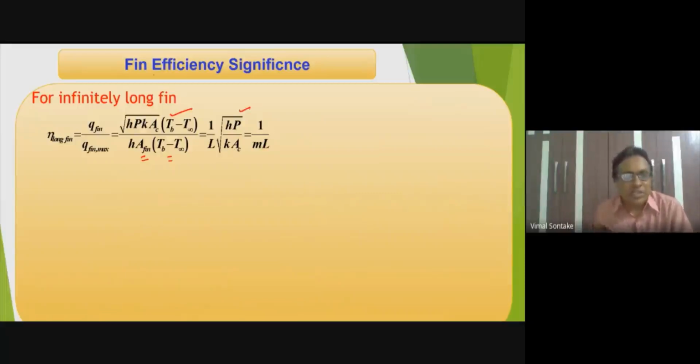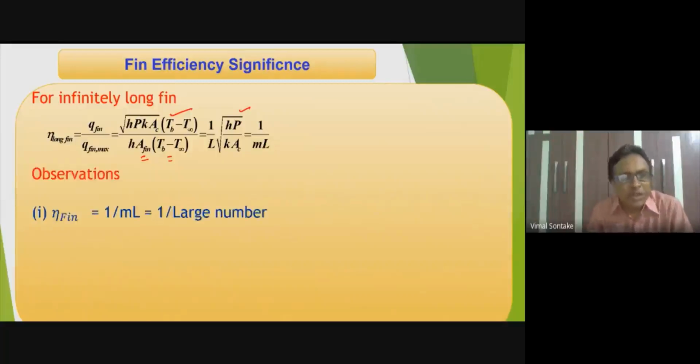Now, whatever discussions we are going to do, the outcome of those discussions will be applicable for the fin efficiency of all types of fins. Based upon this expression for the efficiency of an infinitely long fin, let us have some general observations. Observation number 1, efficiency of fin is equal to 1 over mL, which is 1 over a large number.